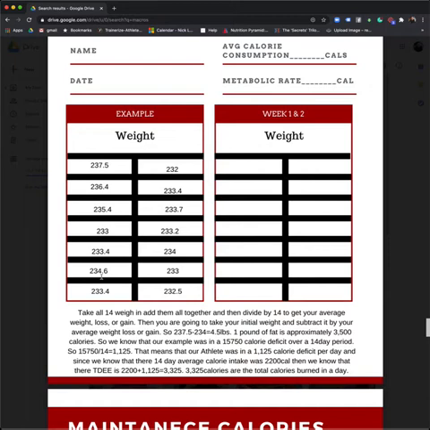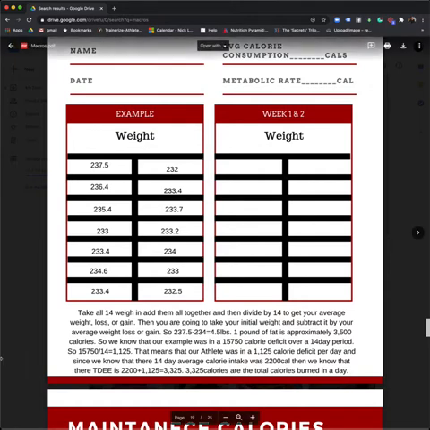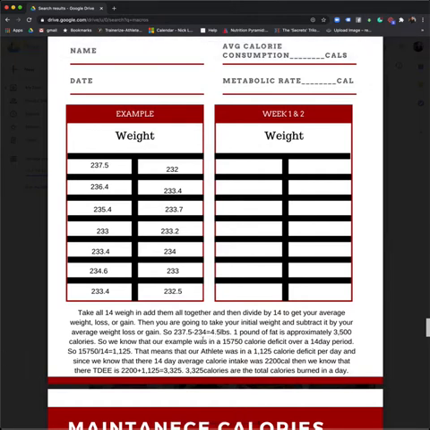The average weight at the end of the week was 234, which is going to be a net loss of 4.5 pounds. Now, we know through research that 1 pound of fat is approximately 3,500 calories. And I say approximately because it's not quite that for each and every person, but for this example, this is going to be as close as we can possibly get.